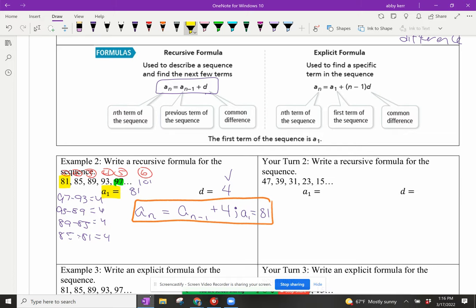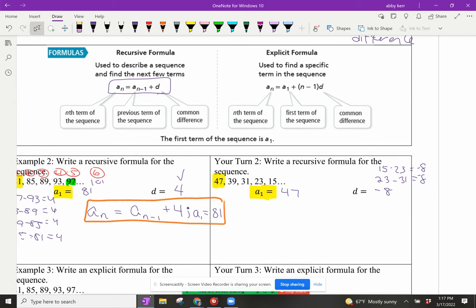Now, for this problem, we're starting at 47, so that's our a sub 1. Our difference, if you subtract these numbers, is going to be negative 8, and that's okay. We're allowed to have a negative number. So that's our difference. You just want to make sure that you're doing your calculations right.